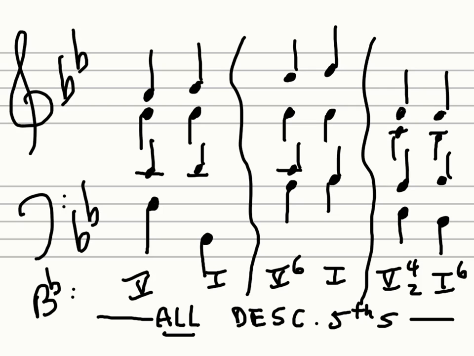Similarly, even if both chords are in inversion, like the 5, 4, 2 to a 1, 6, it's still a descending fifth progression. So you see that the inversions of the chords are not what counts. It's the root of each chord and what the interval relationship is from one root to the next, no matter how it's worked out in an actual piece.